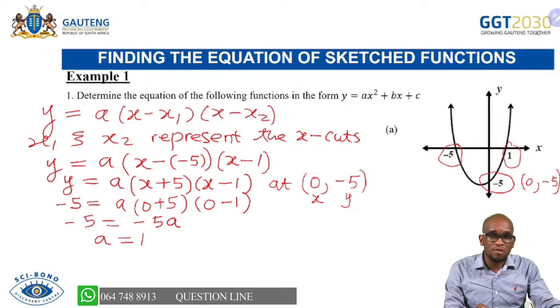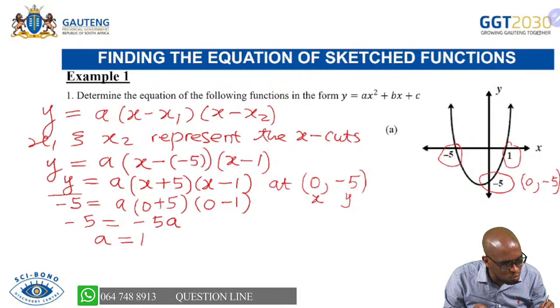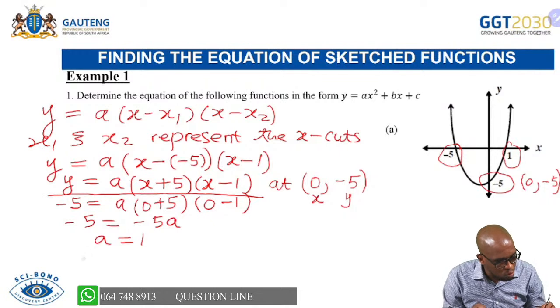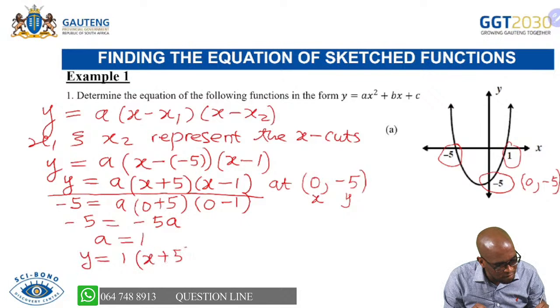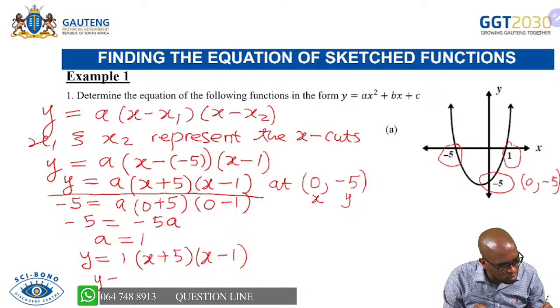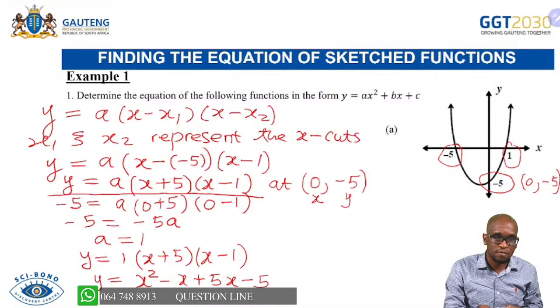Now that we know the value of a, we go back to where we see a and substitute 1 in this equation. So y would be given by 1 into x plus 5, x minus 1. When we open these brackets, using distributive law, we get y is equals to x squared minus x plus 5x and then minus 5.